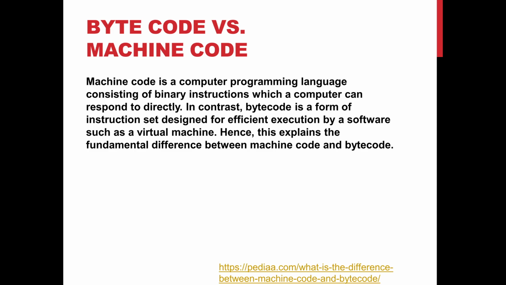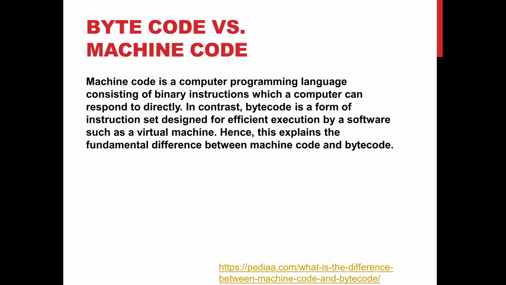If we look at bytecode versus machine code, this is a concept we should understand when we're talking about some of these languages. Bytecode is an intermediary code that is used to set an application's set of instructions to generate machine code.